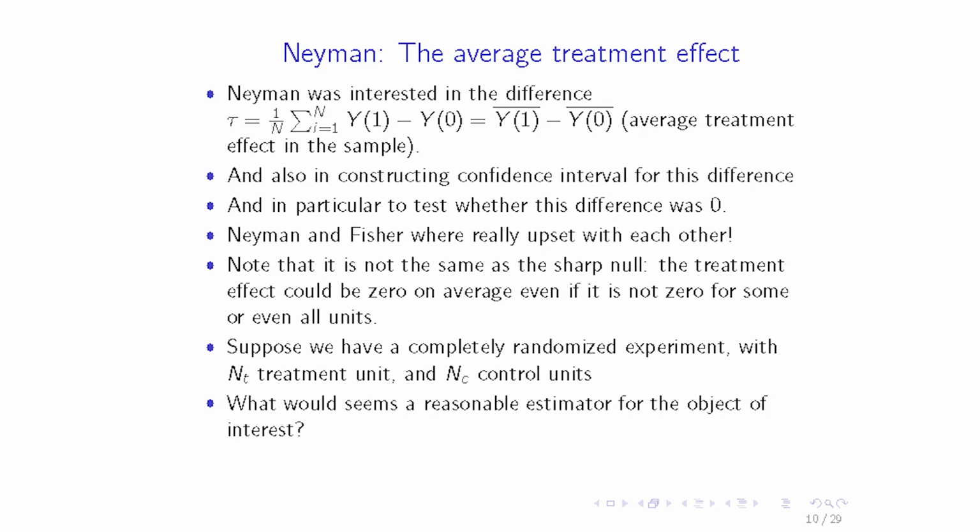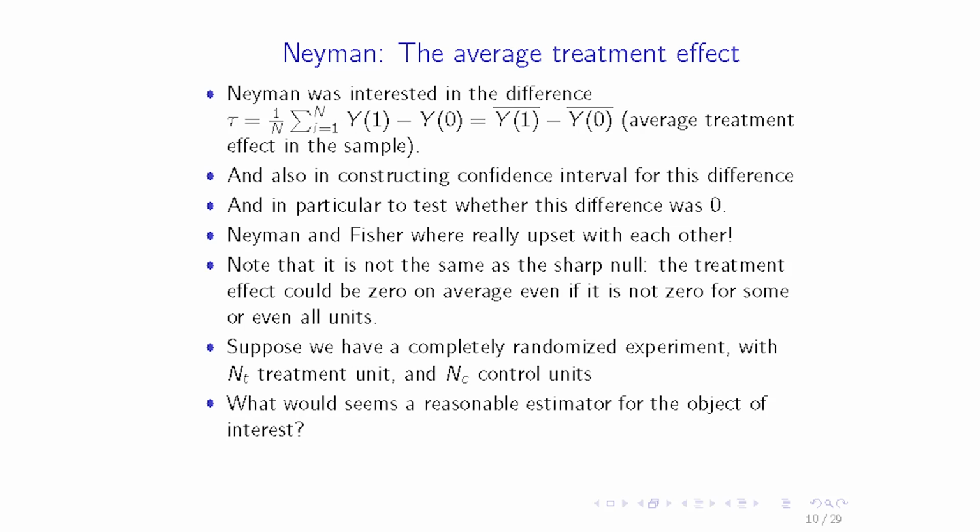So this is a different object. He argued this was a more interesting object. Fisher disagreed with it. Certainly, probably an object we are more used to thinking about today. What's the average treatment effect? And then he was also interested in constructing confidence intervals for the average treatment effect. And in particular, he was interested in testing whether the average treatment effect was 0.